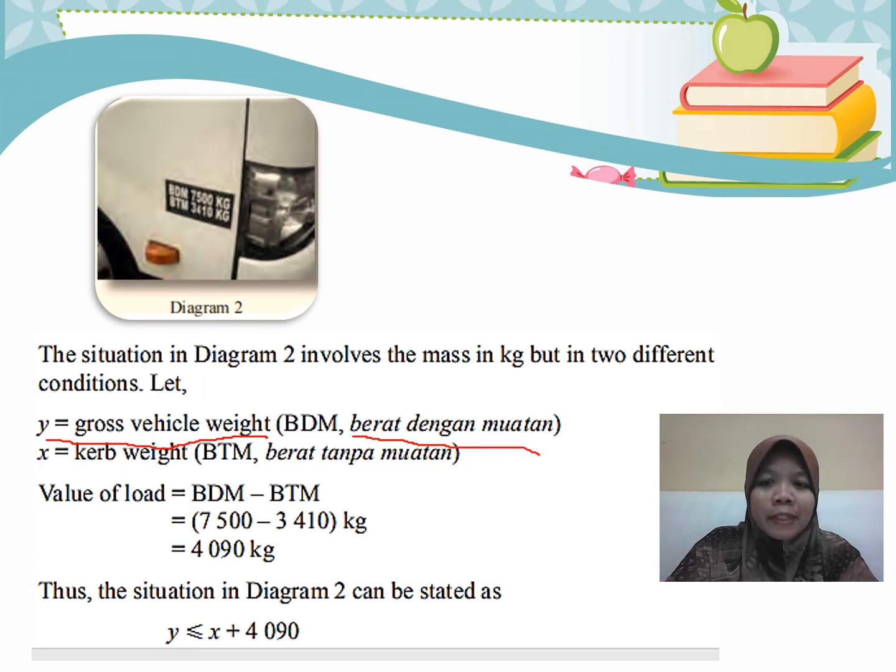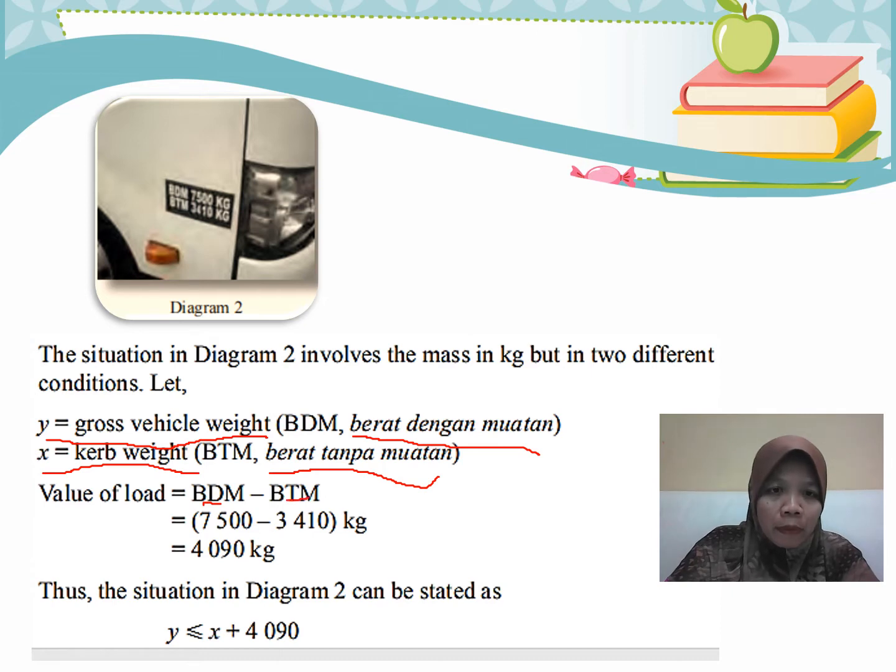And let x equal curb weight, where x is equal to BTM. BTM in bahasa Melayu is berat tanpa muatan. So to find the value of load, BDM minus BTM.